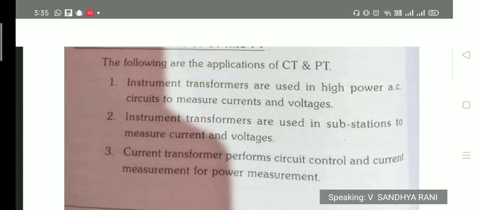Whatever protection is required in the relay circuit or circuit breakers, we can use the current transformers, and with those instruments we can measure voltage, current and power.